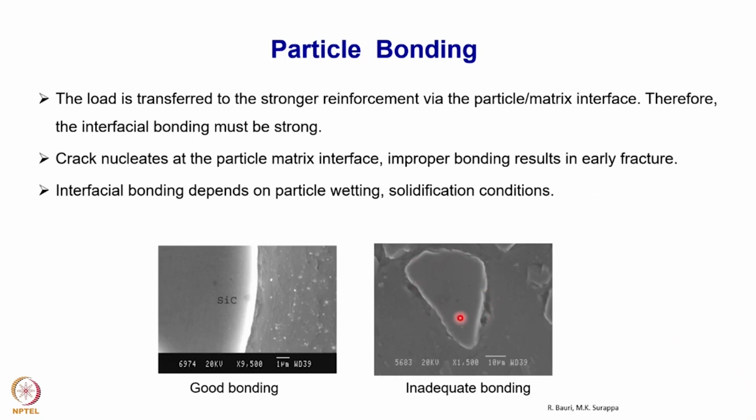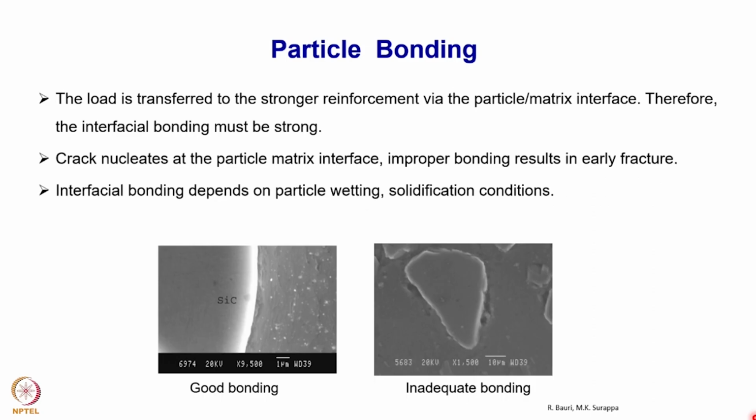An example is shown over here where you can see the particle is added and it has actually gone into the metal, but the interfacial bonding is not good because you can see the cracks along the interface. Even if you have the presence of particles in a composite like this where the interfacial bonding is not good, the properties are not going to improve. Rather, they might even be inferior compared to the unreinforced metal.